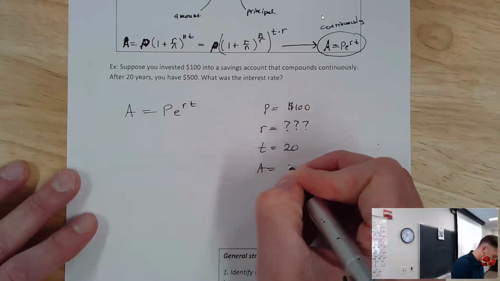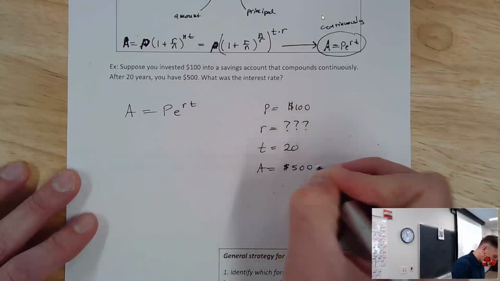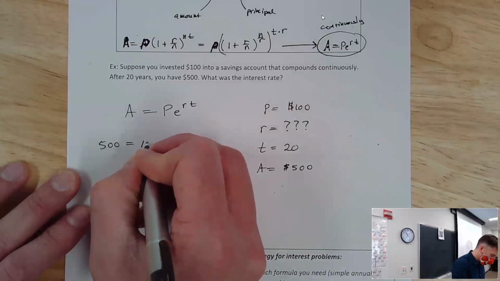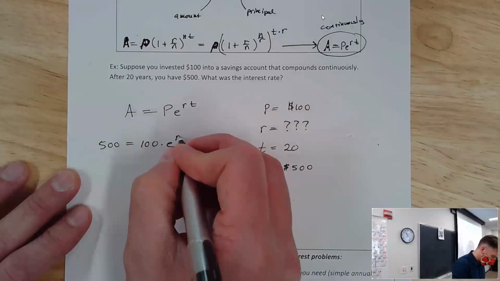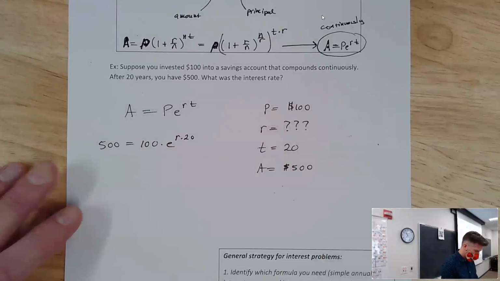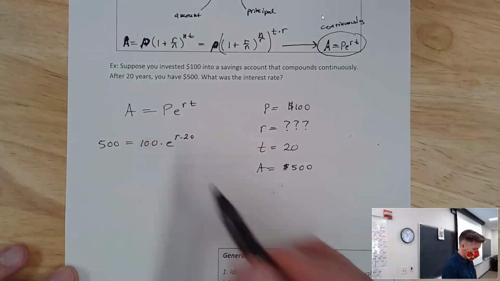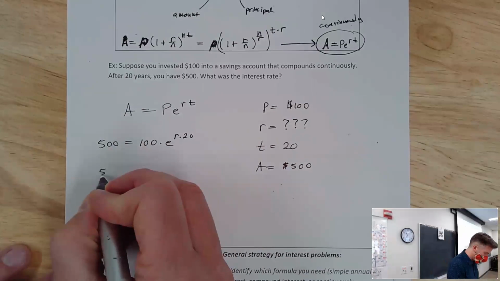If I throw that all in there, I get 500 equal to 100 times e to the r times 20. What should I do next? Exactly. You're trying to solve for something in an exponent. You don't want that base to have a coefficient, so divide both sides by 100.